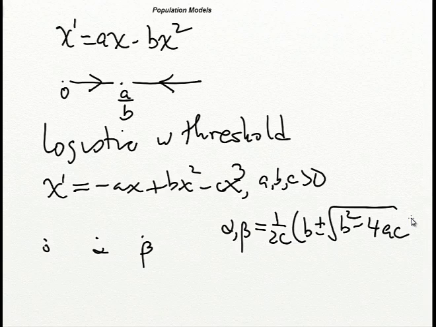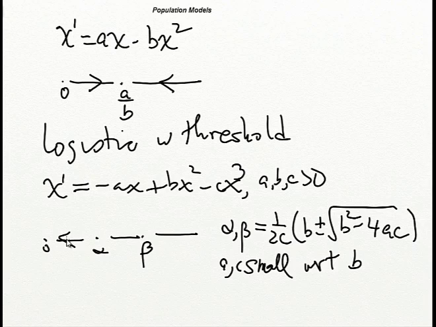And we will assume here that a and c are small with respect to b, so that the quantity inside the square root is a positive number. And so our phase line looks as follows.